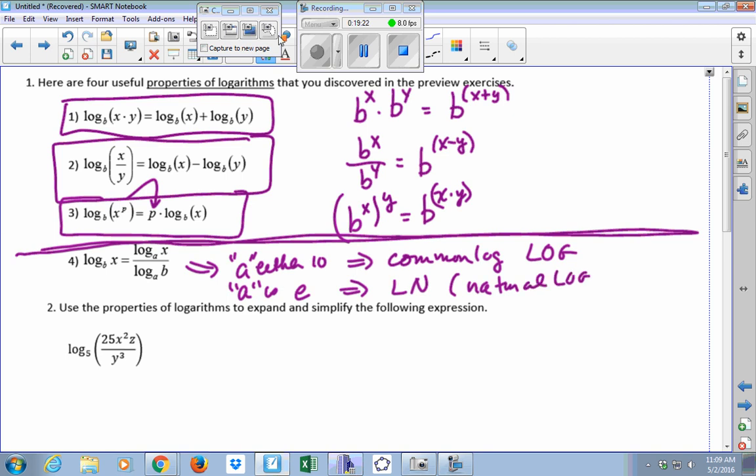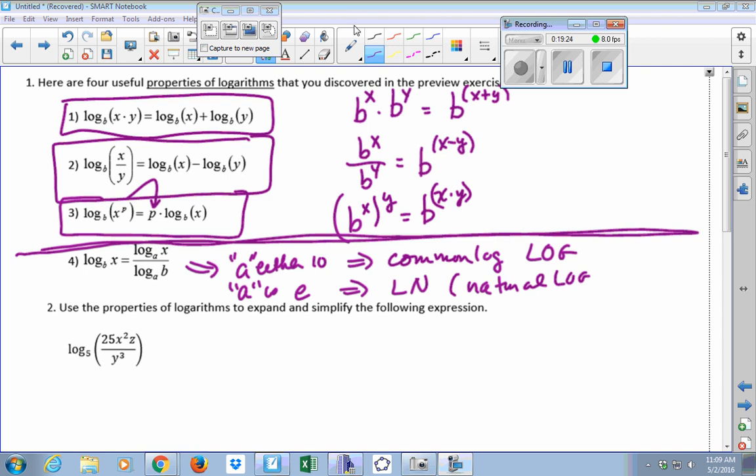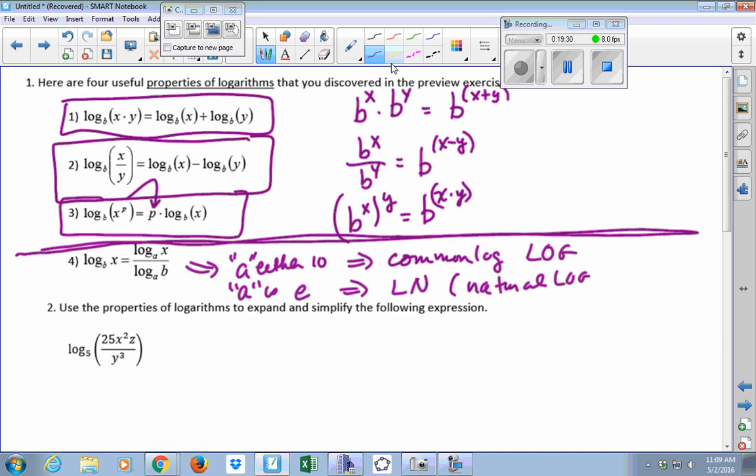So A is either 10, or A is E. So those are the two we get to use.